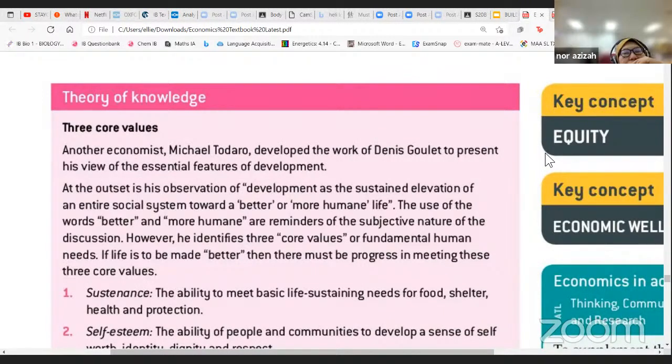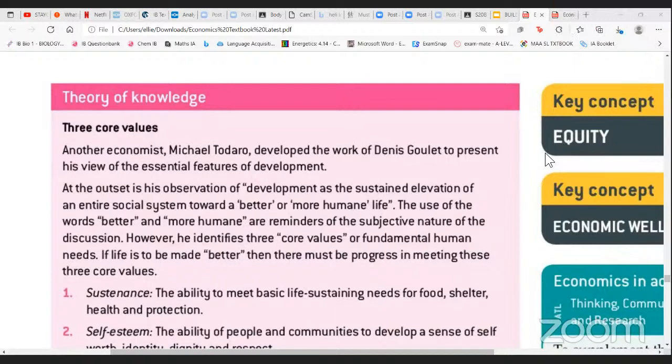The use of the words better and more humane are reminders of the subjective nature of the discussion. However, he identifies 3 core values or fundamental human needs. If life is to be made better, then there must be progress in meeting these three core values.